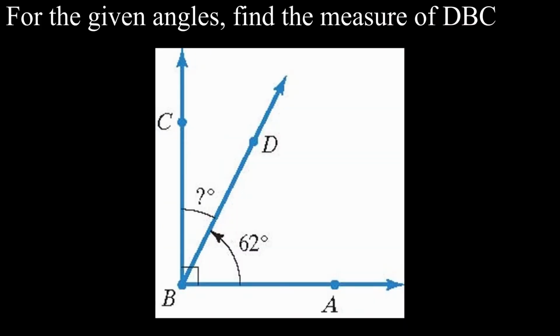So, with these definitions in mind, let's think about one example like that. What we want to do here is, given that diagram, use the information we have, use the values given to identify the measure of the angle DBC.